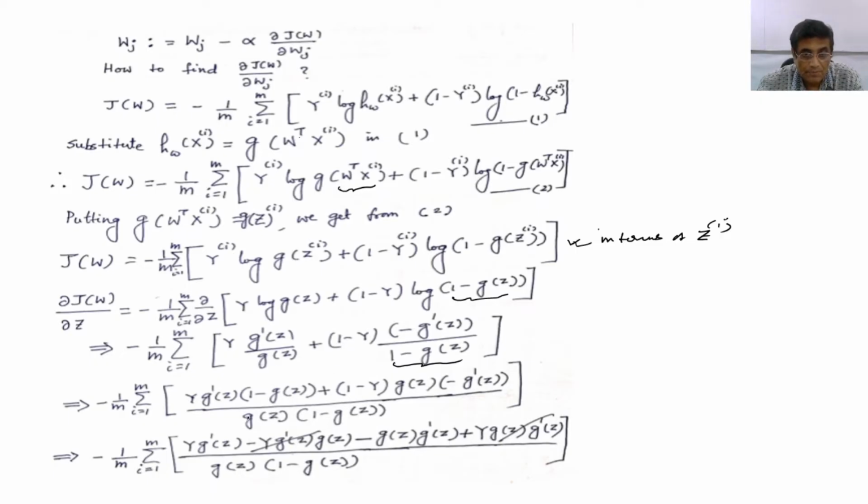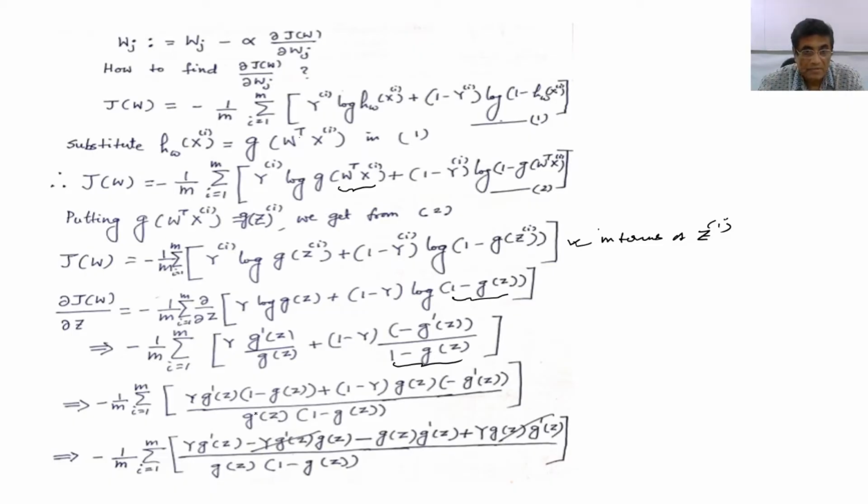So denominator will be like this. Then this multiplied by y g prime z, plus this remains as it is, so g(z) multiplied by minus g prime z.